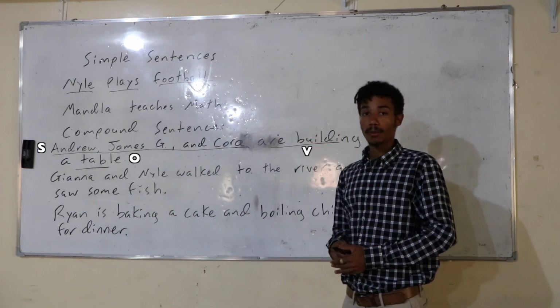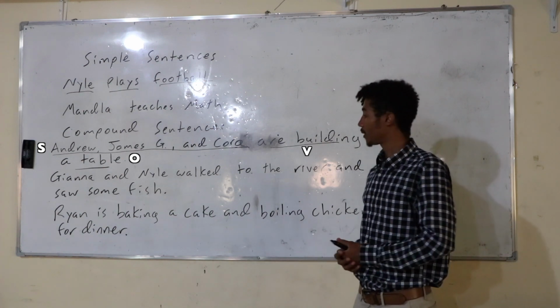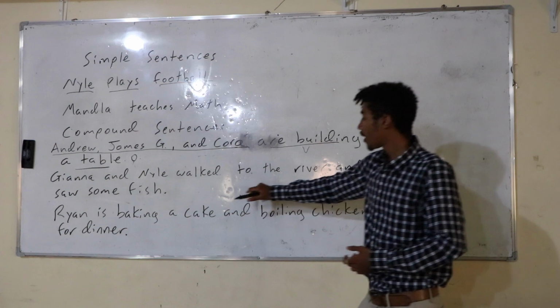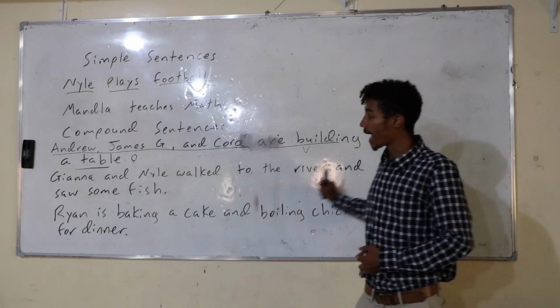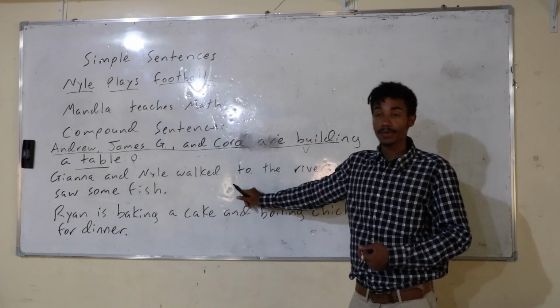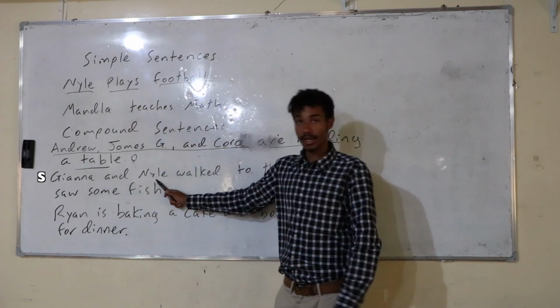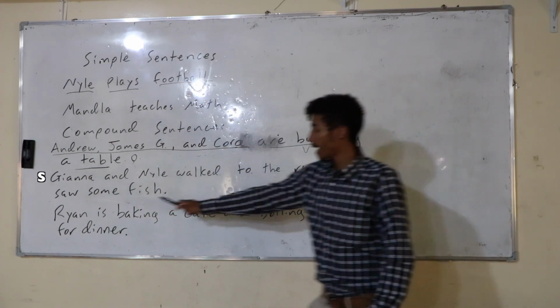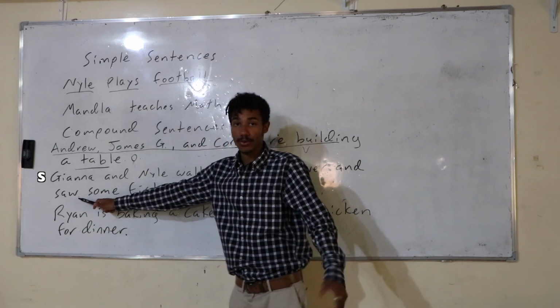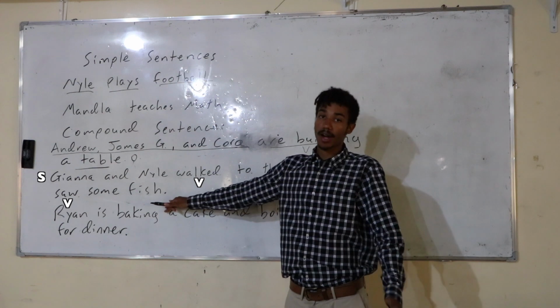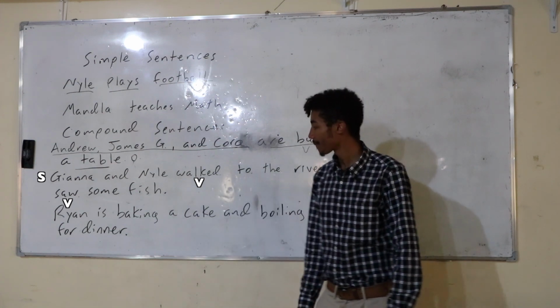We can also have multiple verbs. For example, in this sentence, Gianna and Nyle walked to the river and saw some fish. Here, Gianna and Nyle are the subjects, walked and saw are the verbs, the river and some fish are both the objects.